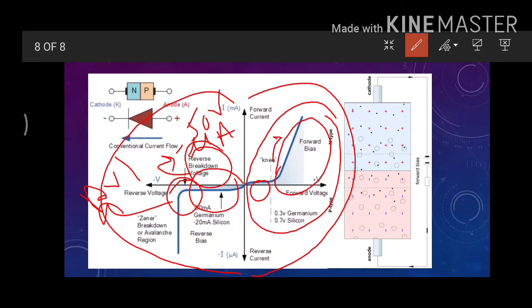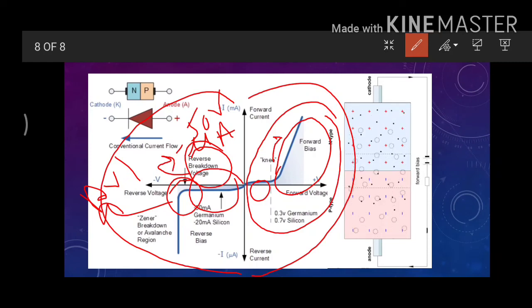The number of electrons increases from 1 to 2 to 4 to 8, and in this way there are millions of electrons, and it goes into the breakdown situation. As the diode is not capable of dealing with such a high number of electrons, at the end the diode gets damaged.